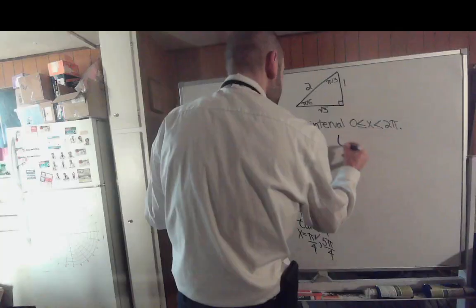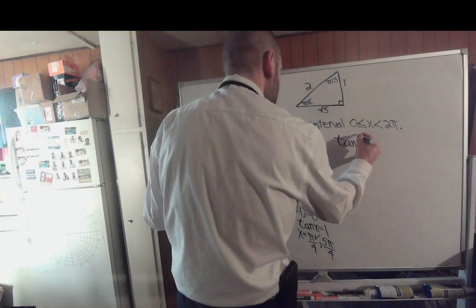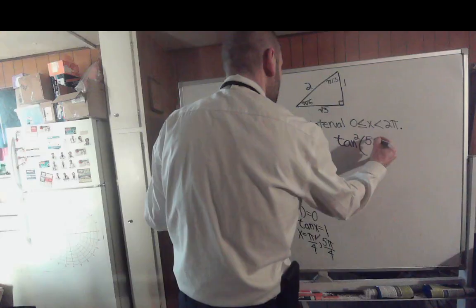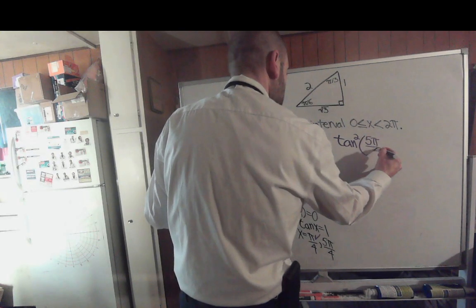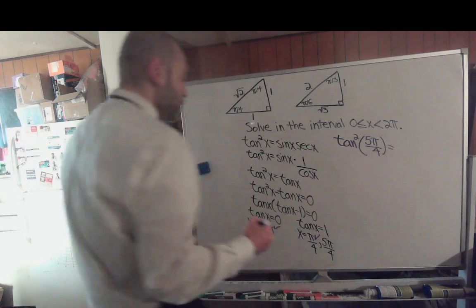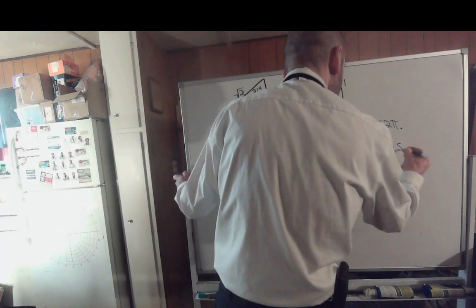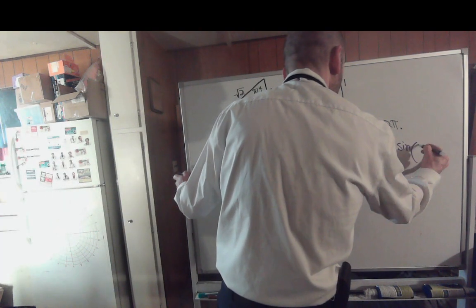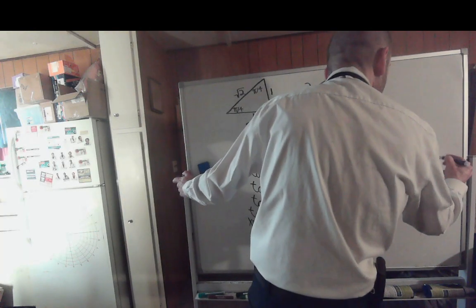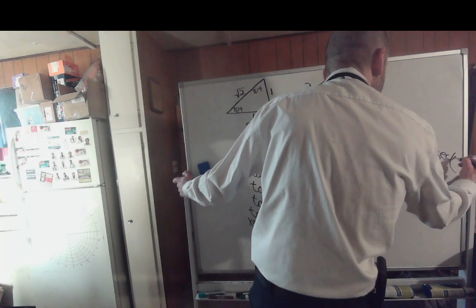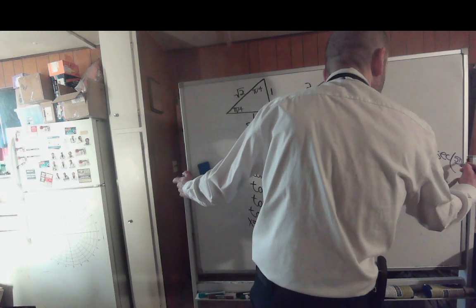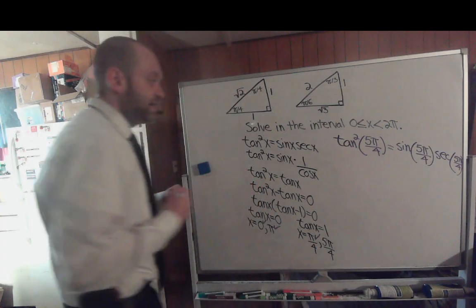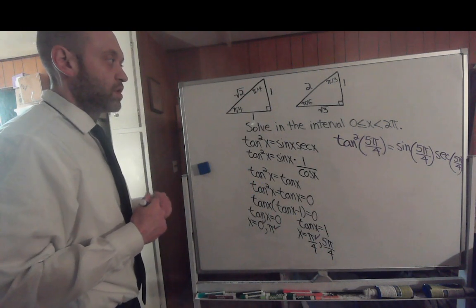So we have the tangent squared of 5 pi over 4 equal to the sine of 5 pi over 4 times the secant of 5 pi over 4. All right, so what is the tangent of 5 pi over 4?